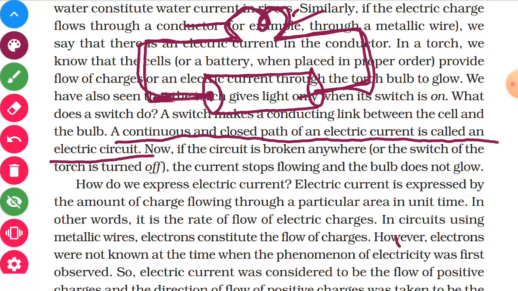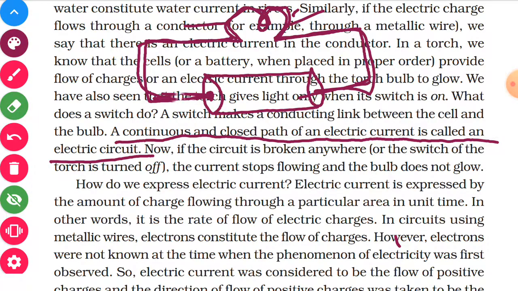Or if you are breaking it here, then this glowing will stop or the bulb will not be on. So if you want to switch on the bulb, there must be a connection between the positive and negative terminal, with in between what is there is a bulb or a device which you want to keep on. Now if the circuit is broken anywhere, the current stops flowing and the bulb does not glow.